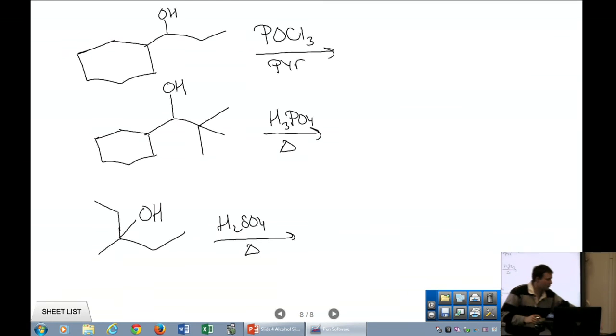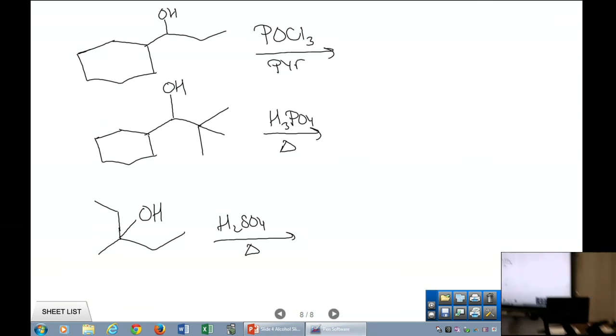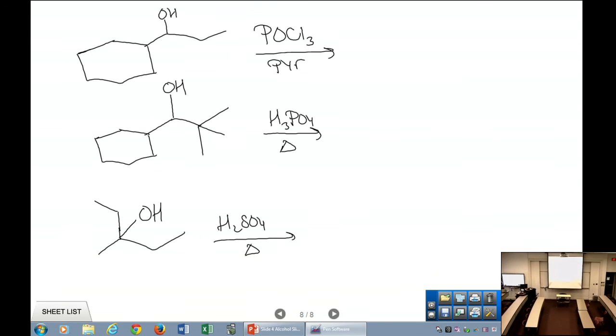Cold, unfeeling silence. All right, so if we look at this, our phosphorus oxychloride is going to do an elimination. It's going to follow Zaitsev's rule, so you're going to end up with the most substituted double bond.